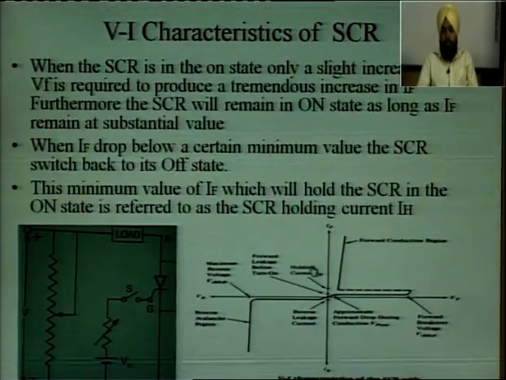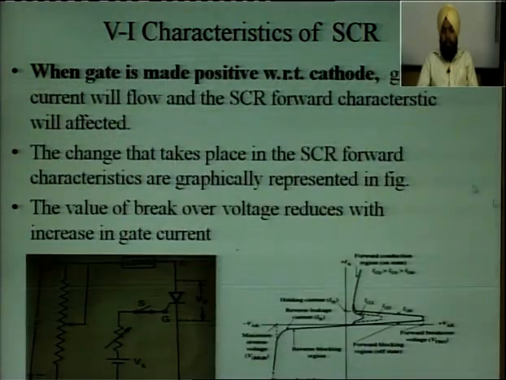So, you can see when we apply the gate current Ig1 which is greater than Ig0, the forward breakover voltage point which was previously at this point now shifts to this point. So, the breakdown of junction J2 will now occur at a lower voltage as compared to when the gate current is 0.